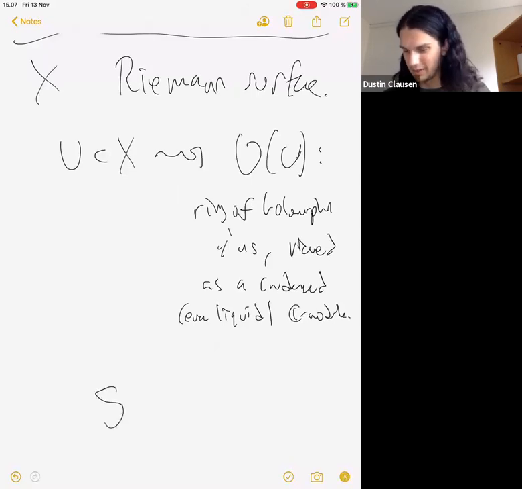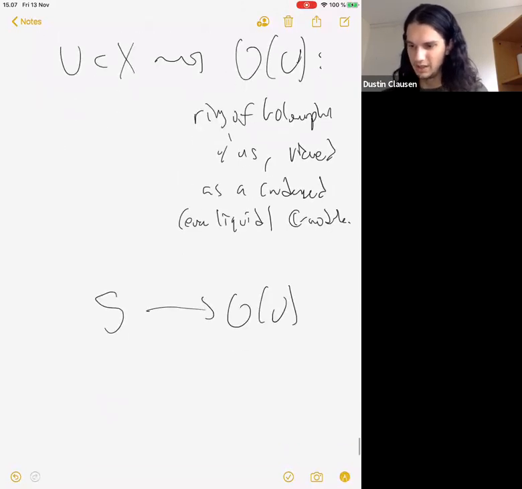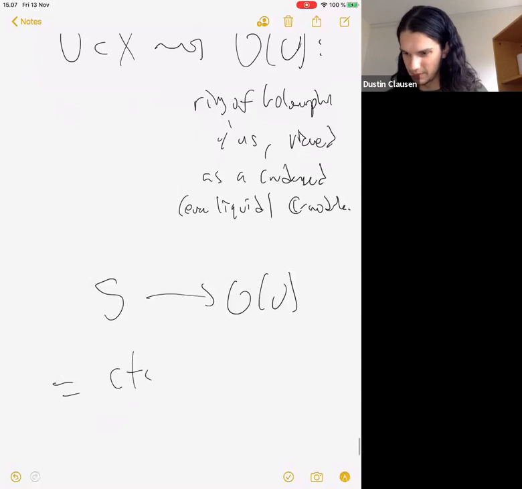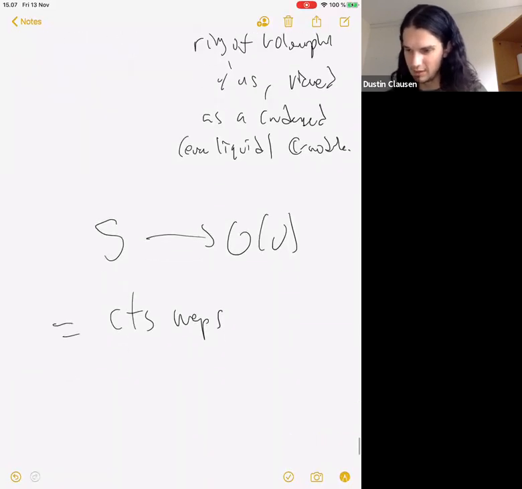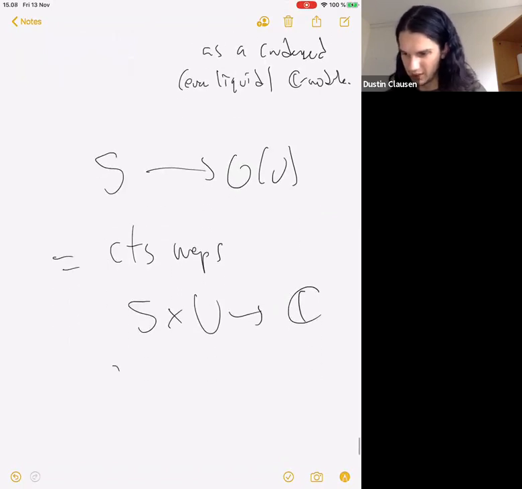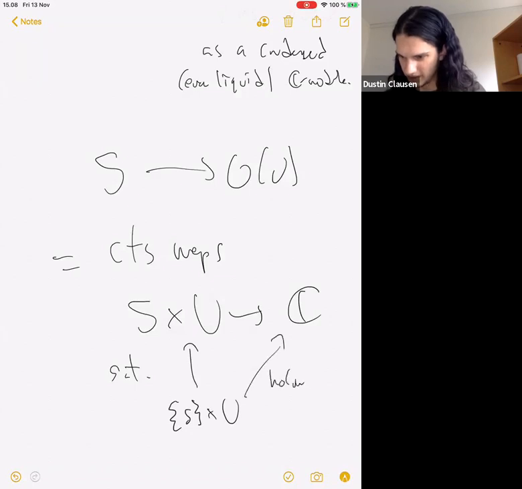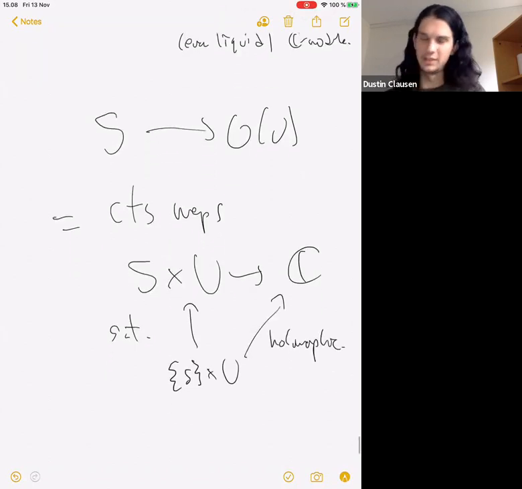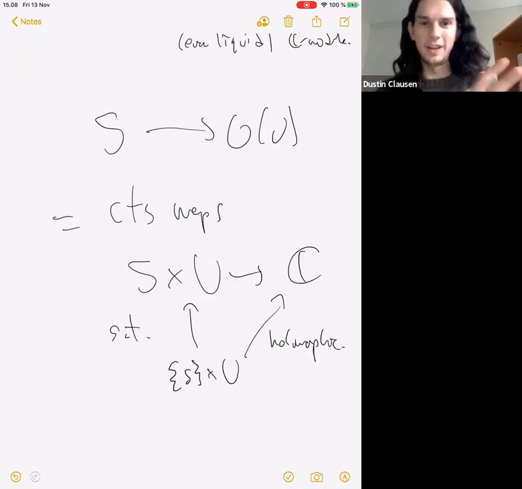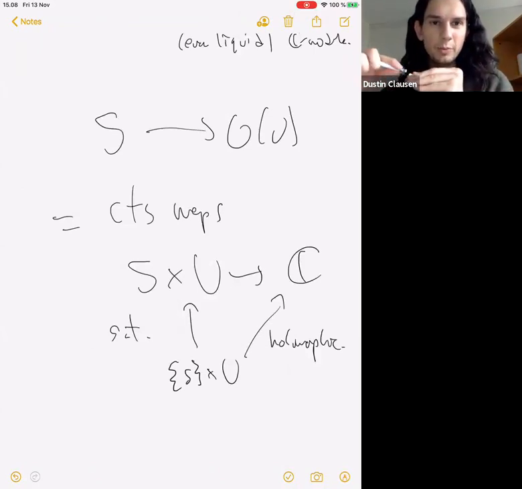If you have a compact Hausdorff space S, for example, then maps from S to O of U are the same thing as continuous maps S cross U to the complex numbers, such that if you restrict along the inclusion of any singleton in S, this is holomorphic. In other words, it's just continuous families of holomorphic functions, just like you would intuitively expect.